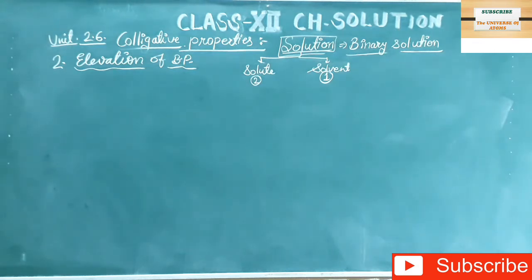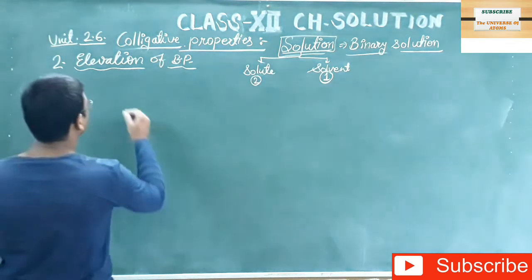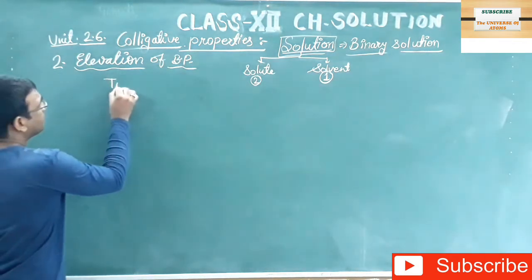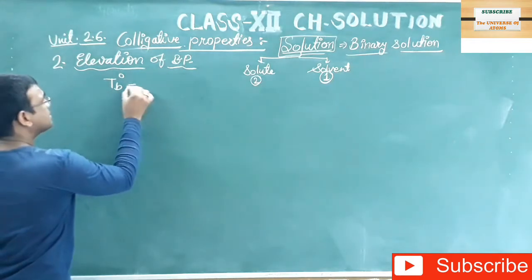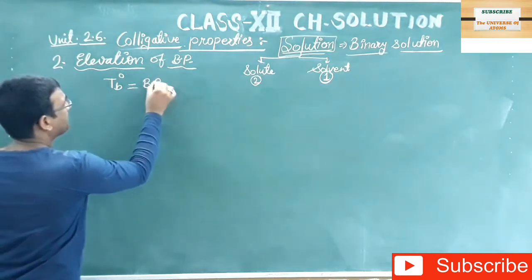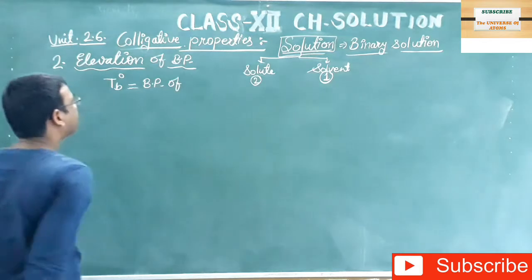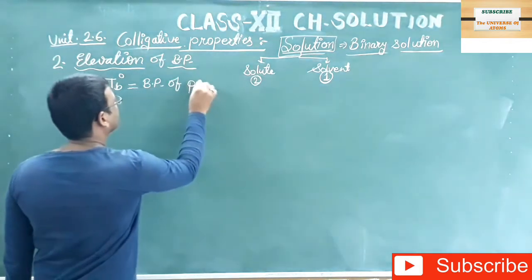Next, we are assuming that TB0 is the BP of pure solvent.